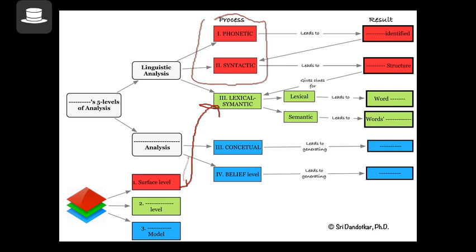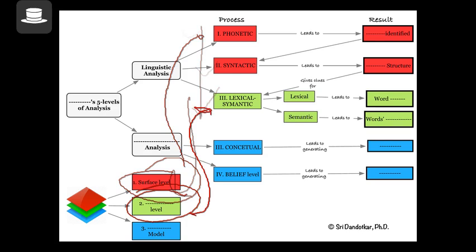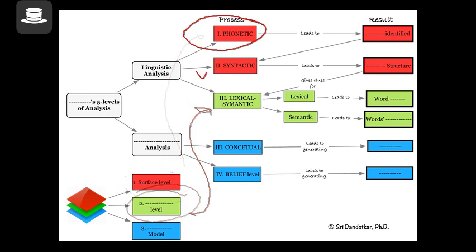So I want you to understand that the surface level has phonetic information, syntactic information, and lexical semantic information. The result of these three is the surface level, whereas the text-based level is mostly related to the lexical semantic, because it has just the meanings, not the exact words. Again, phonetic is required. It's basic stuff.